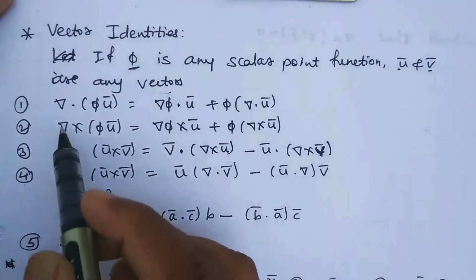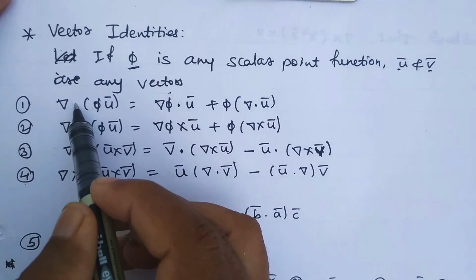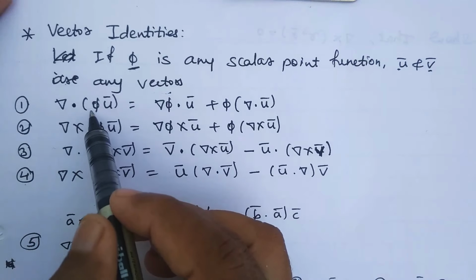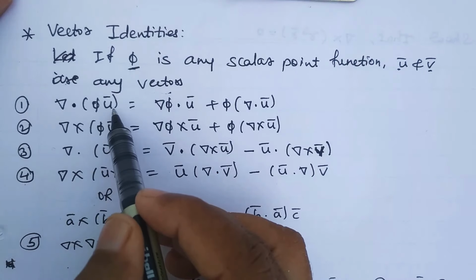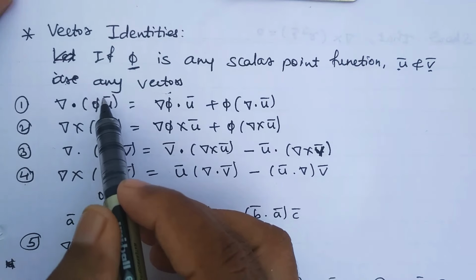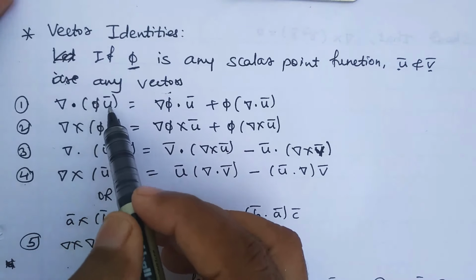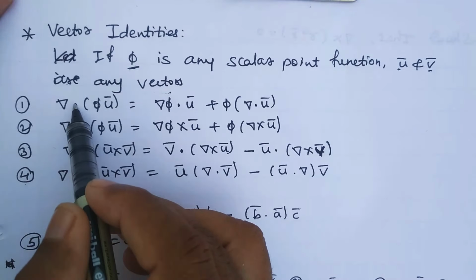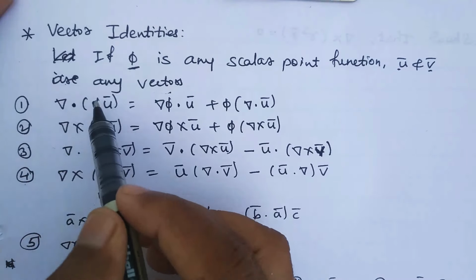Then the first identity is del dot phi u bar. Here phi is a scalar quantity, u bar is a vector quantity, so there is a usual multiplication between them. And phi u bar, this bracket quantity, is a vector quantity. Del is also a vector quantity, so there is a dot between these two quantities.